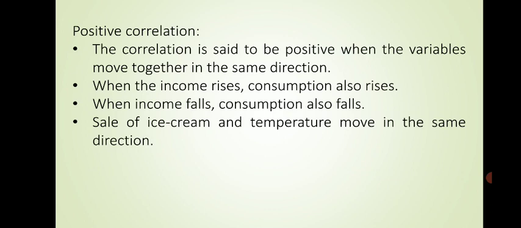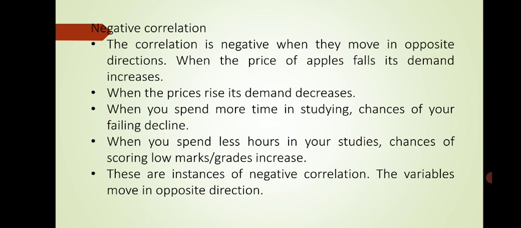The correlation is said to be positive when the variables move together in the same direction. So in positive correlation, both variables move in the same direction. As compared to positive correlation, in the case of negative correlation, the two variables run in opposite directions.